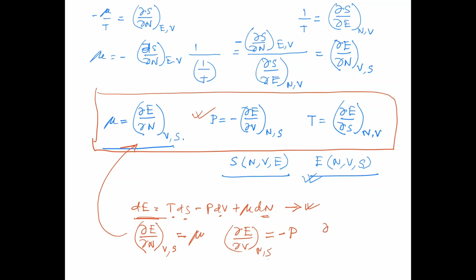And similarly, dou E by dou S at constant N and V: N and V are constant, so dN is 0, dV is 0. So dou E by dou S at constant N and V will be equal to T. That is the third equation here. So these three relations are directly derivable from the thermodynamic equation, we are redoing it.